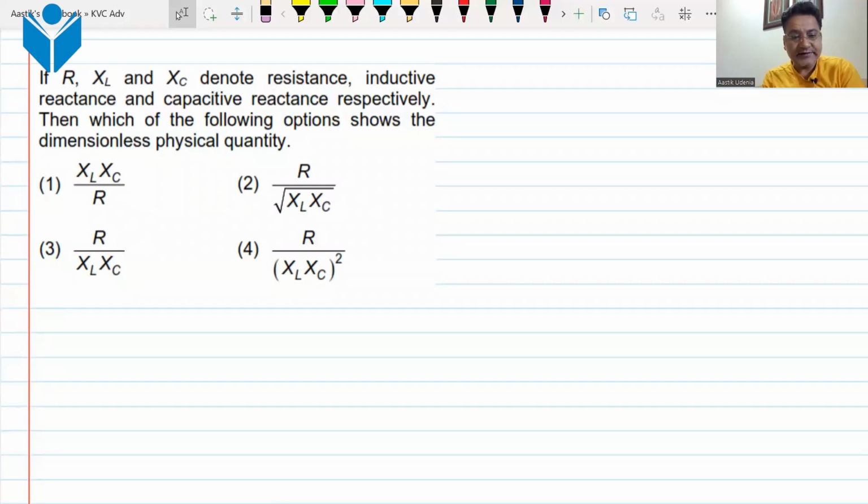R, XL and XC denote resistance, inductance, inductive reactance and capacitive reactance. Which of the following would be a dimensionless quantity?